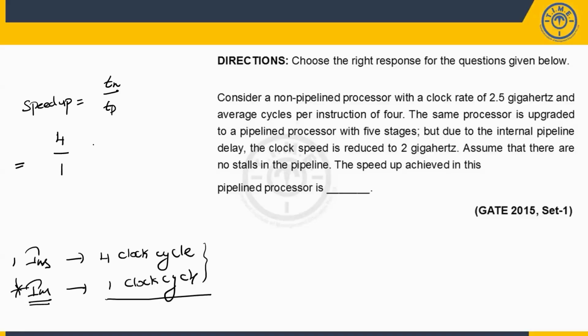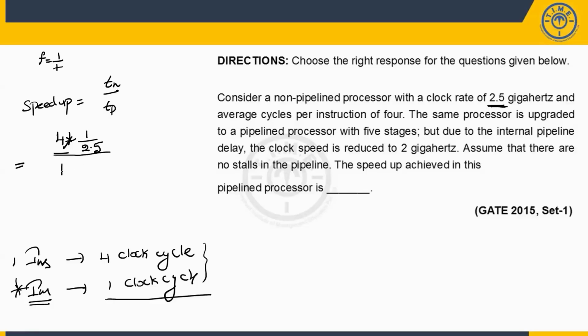Hold on. Here, we also need to compare the cycle time. Here, cycle time is given in frequency. You know the relationship between time and frequency: F is equal to 1 by t and otherwise. So now, in a non-pipeline system, for one instruction, it takes 4 clock cycles. 1 clock cycle time is equal to 1 by 2.5.